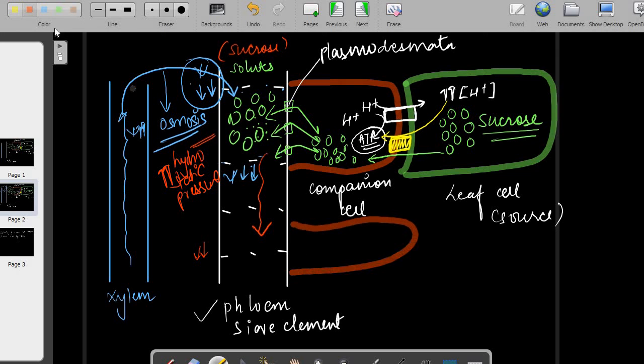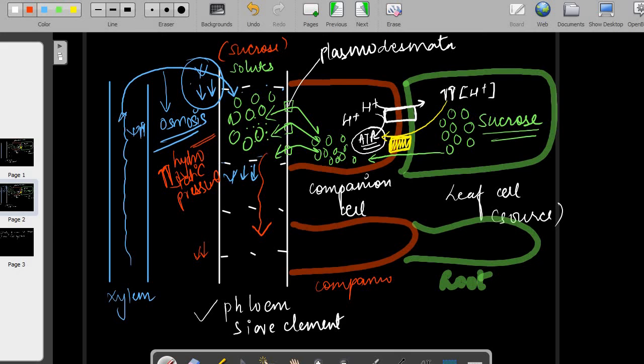We have the companion cell, and we have the root cell. So this is the root, and this right here is the companion cell. Again unloading will take place. Unloading of what? Unloading of sucrose.